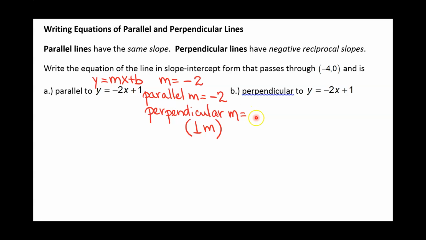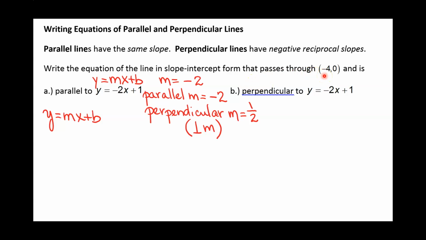The perpendicular slope is going to be the opposite reciprocal. So the sign is going to change. If it was negative, it would change to positive. If it was positive, it would change to negative. And the reciprocal just means that I'm going to turn it upside down. So 2/1 becomes 1/2.